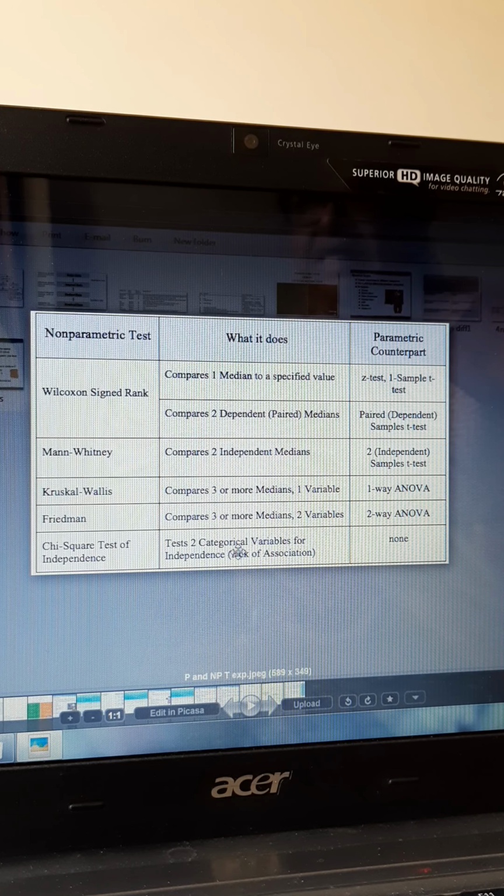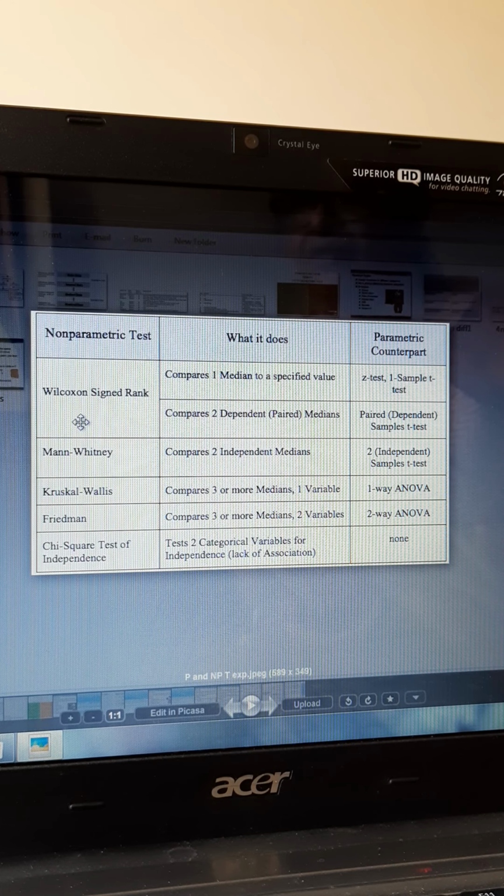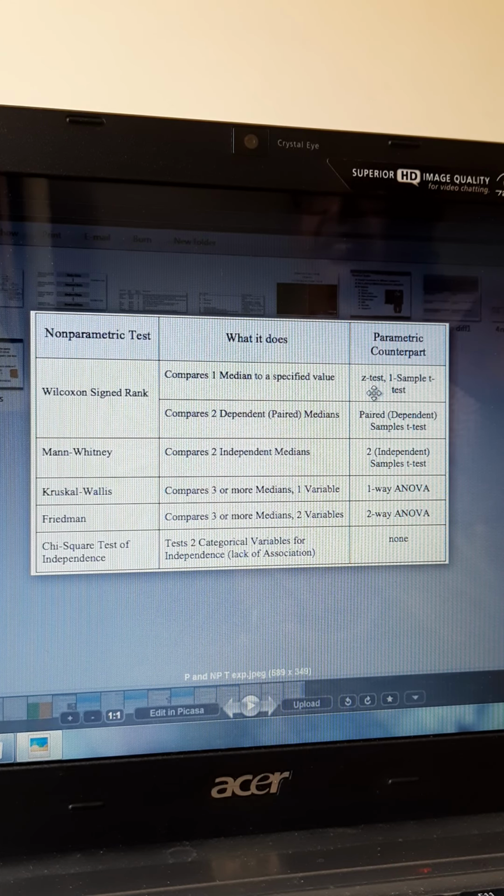Okay, what does this test do? It compares the median to a specific value. Okay, if it is parametric data, what test will you use instead of this? You will use z-test, one sample t-test.